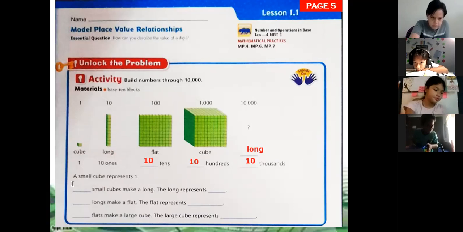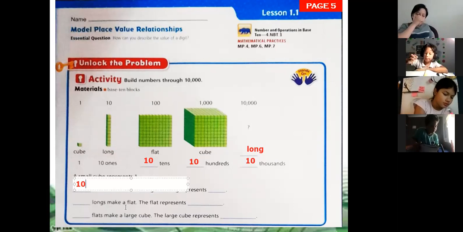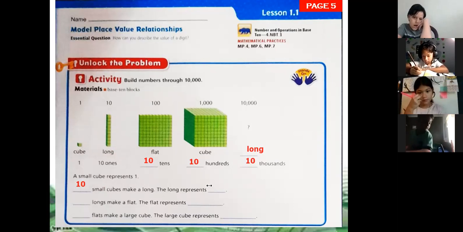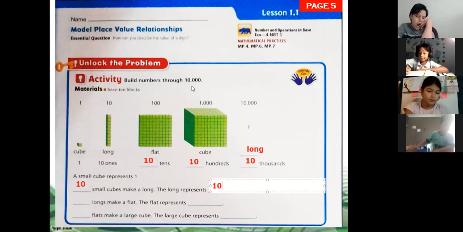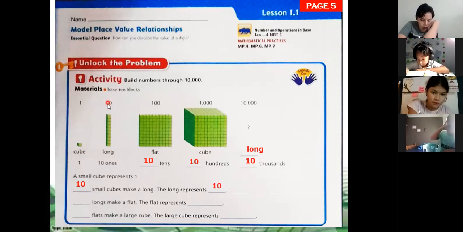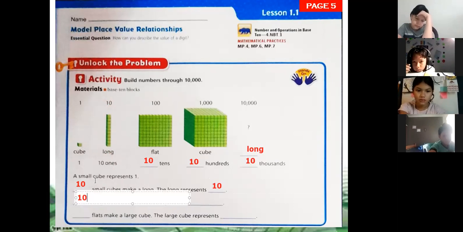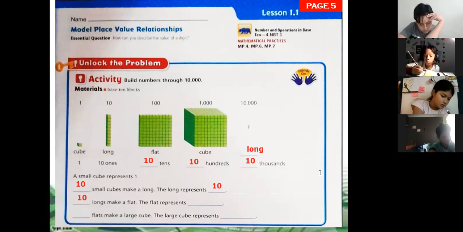So we're going to write 10 small cubes make a long, and the long represents 10. Remember, the long represents 10. Now, 10 longs make a flat. Excellent, Marcelo. 10 longs make a flat. That's right, Marcelo.